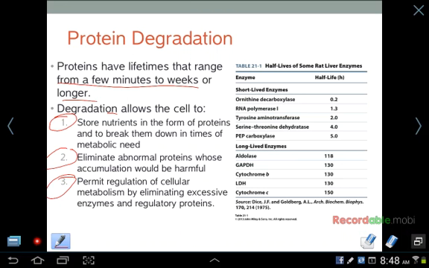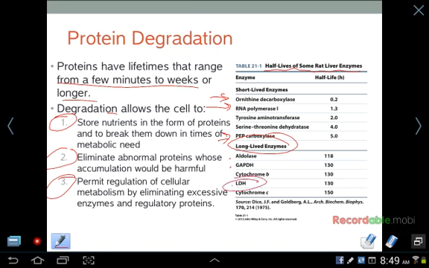So in table 21.1, we can see some half-lives of rat liver enzymes. And we can see we get a whole range of lifetimes. Ornithine decarboxylase has a half-life of only 0.2 hours. RNA polymerase, 1.3 hours. PEP carboxylase, 5 hours. Now, some longer-lived enzymes, we have aldolase, GAPDH, cytochrome b, LDH.